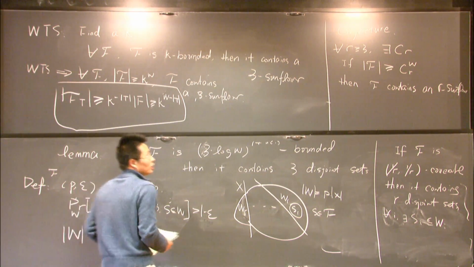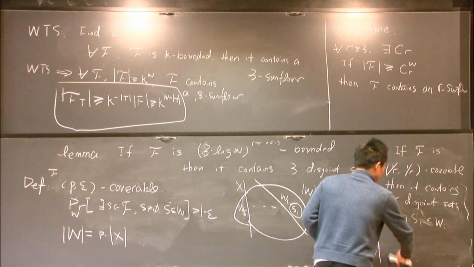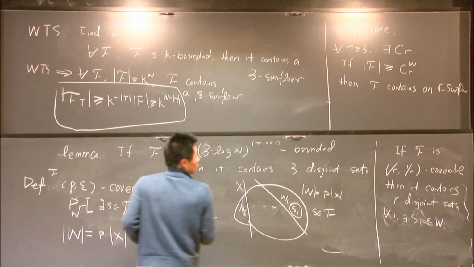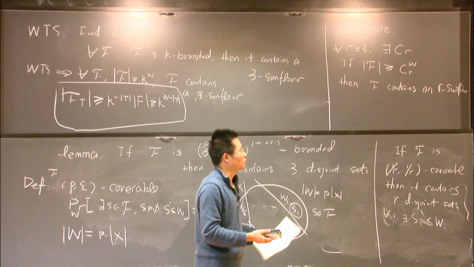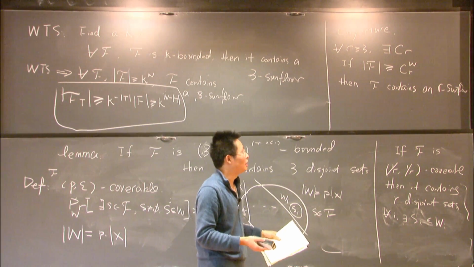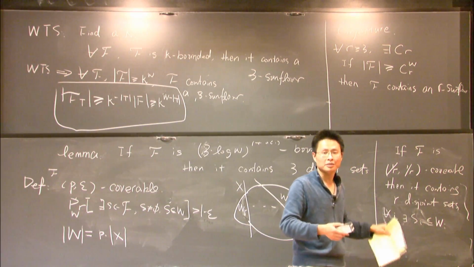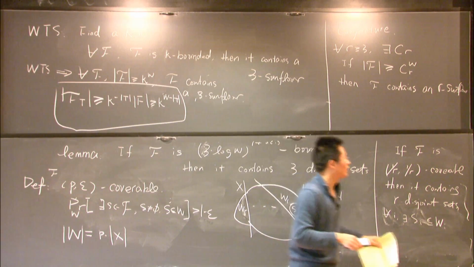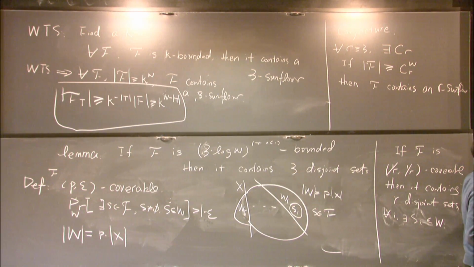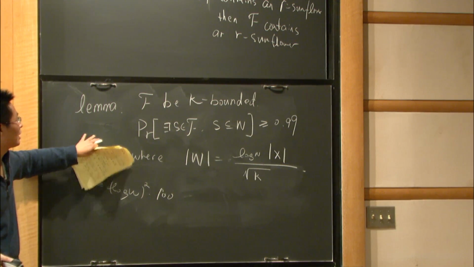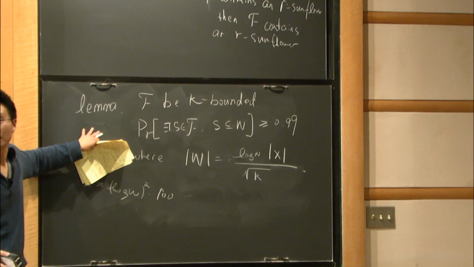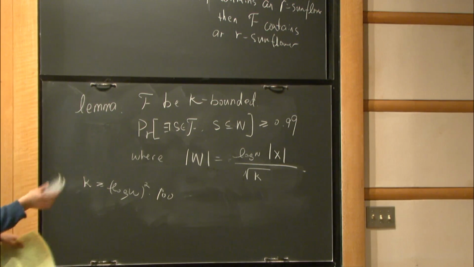All of the things so far were known about 2 years ago. The main new idea in this paper, with Ryan, Kovan and Shah, is that we proved this lemma. Assuming this lemma, all of the other things were known before.